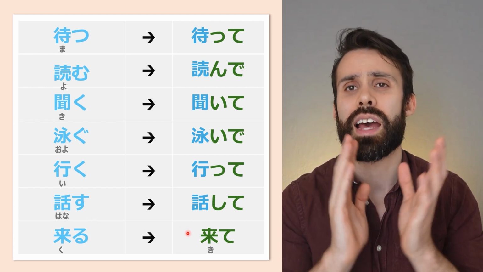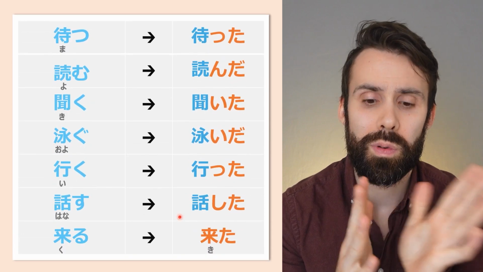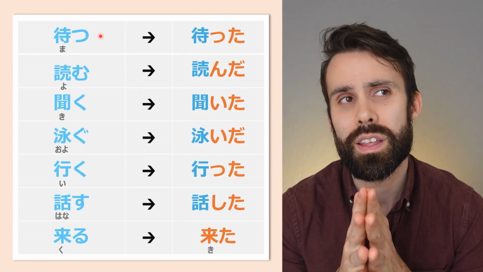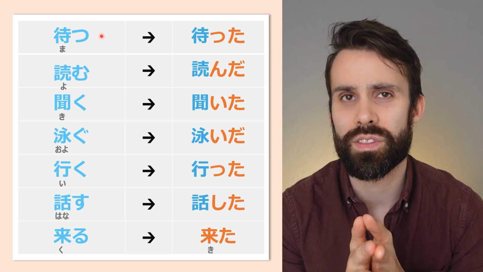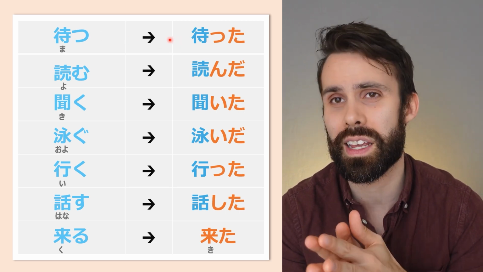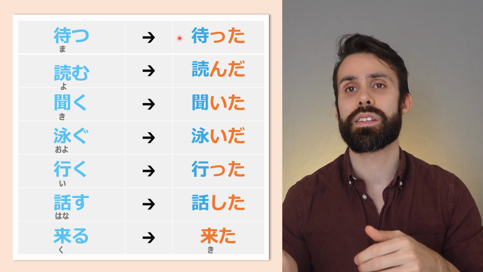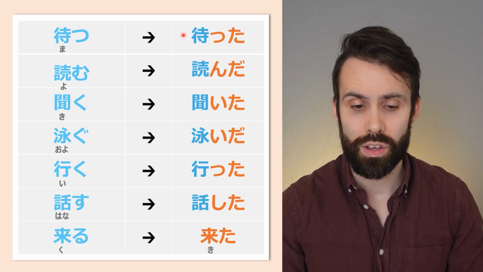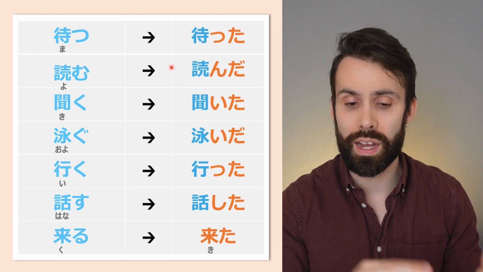And just as an added bonus, we will cover this a bit later, but this is also how the informal past tense of verbs is formed. So matsu becomes matta, instead of matte, and that means the same as machimashita, to have waited. Yomu becomes yonda, to have read.